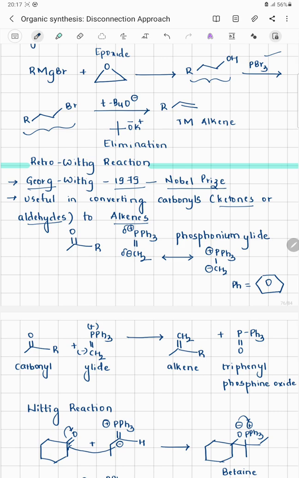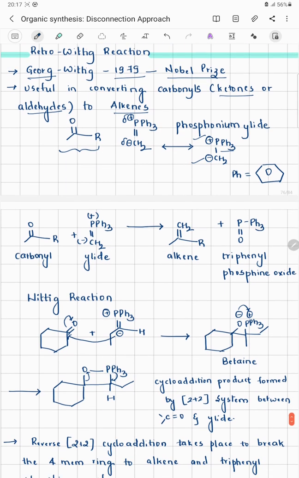What is the intermediate that we will be making use of? A phosphonium ylide. Ylides are nothing but species in which positive and negative charges are present on adjacent atoms. When we say this Ph, it means we have a phenyl group. Now this phosphonium ylide can easily attack the carbonyl carbon and further give me an alkene system.